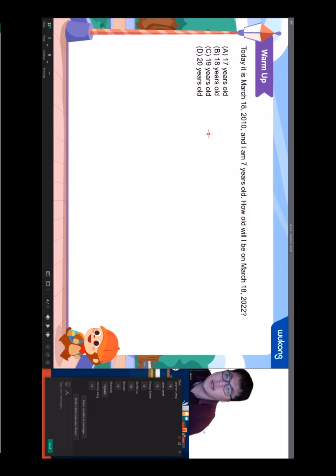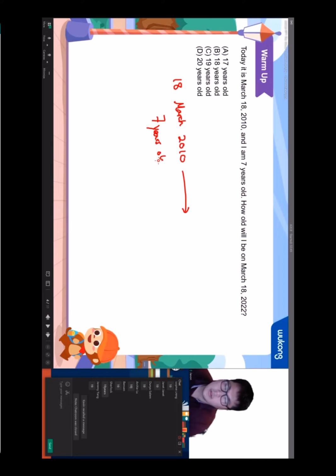Because, guys, 18th of March 2010, and we were 7 years old. And 18th of March 2022. We need to think how many years have passed. So it's the same date, but the year is different.